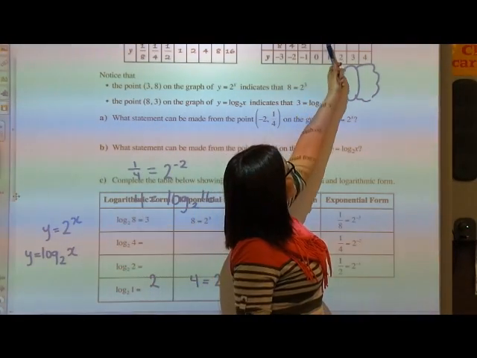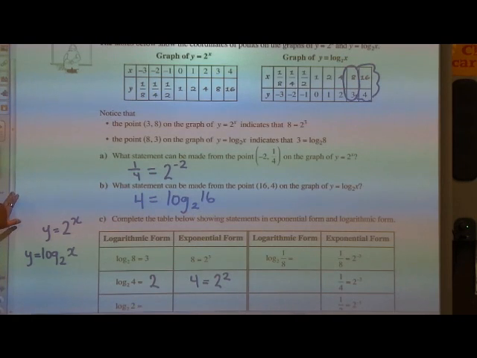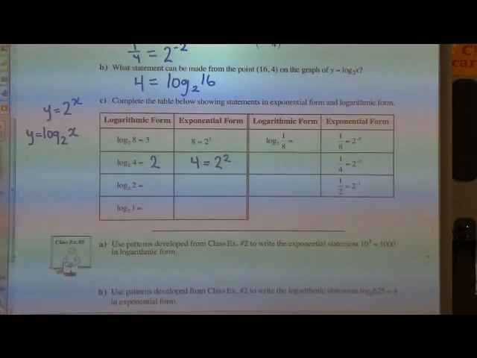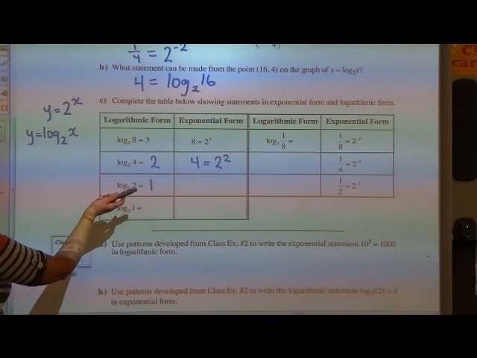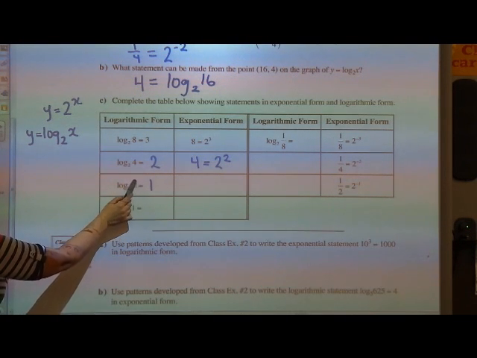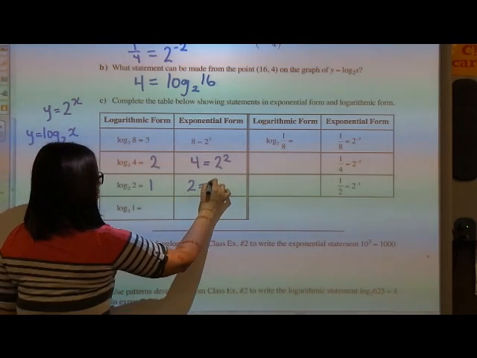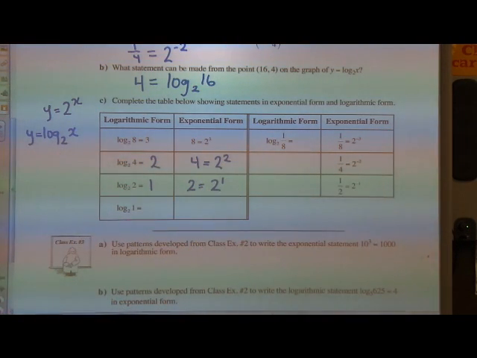When x equals 2, y equals 1. So I get log base 2 of 2 equals 1. In my exponential, which is the inverse, that means that this x value becomes the y, and the y value becomes the x.